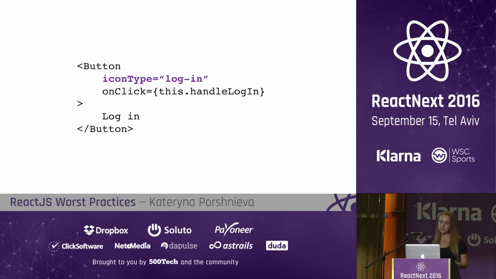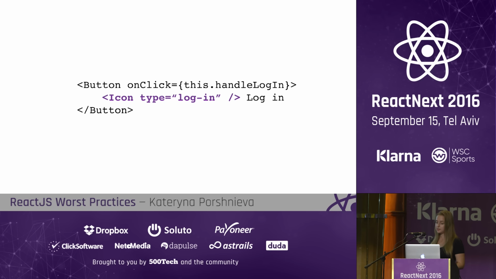And then this button component ends up with 20 or 30 different prop types and was really hard to manage and to work with. But instead of that, we can use composability to just place an icon in our component. And I really use composability now a lot in my applications.